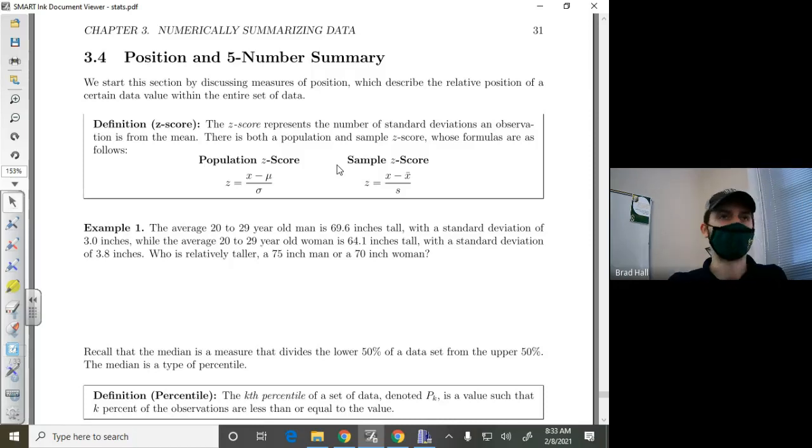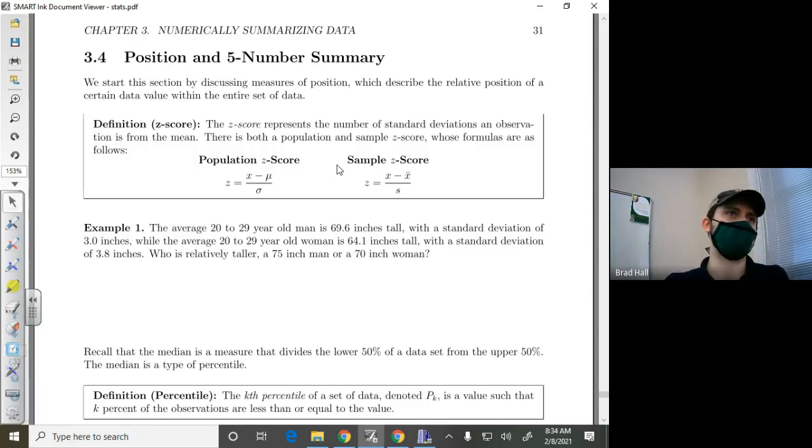Sometimes you don't care about a value qualitatively, but instead you care about the value relative to its displacement from the mean. It tends to be used a lot in curving grades. There are many other categories in which this is used.